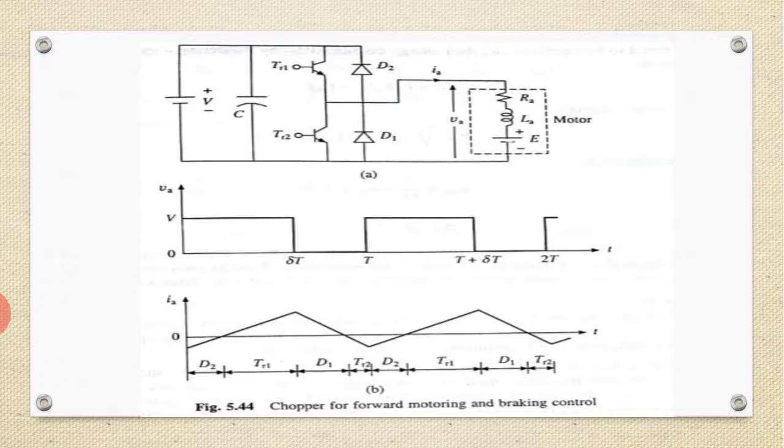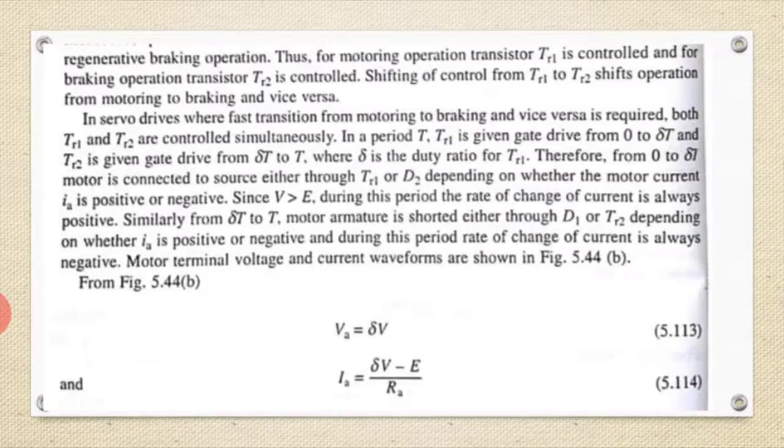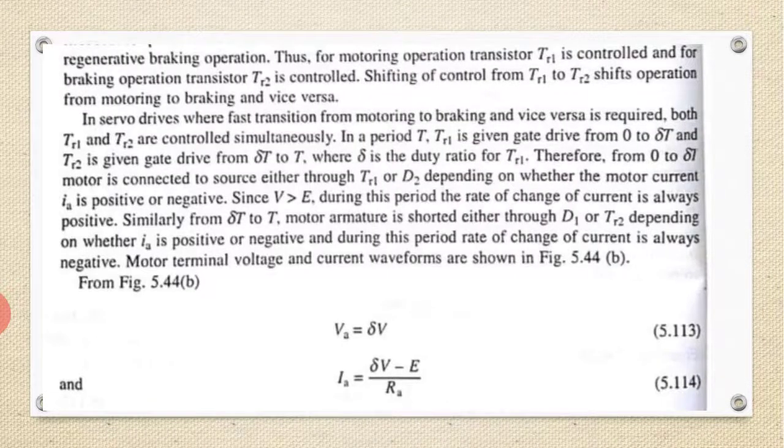When TR1 is on, the current direction is towards the motor, and when TR2 is turned off, at that time the current direction will be reversed and it will be fed back to the supply. You have to analyze whatever I told with respect to this waveform. These are the explanations here. And the voltage VA, delta V and current, we will get these relations.